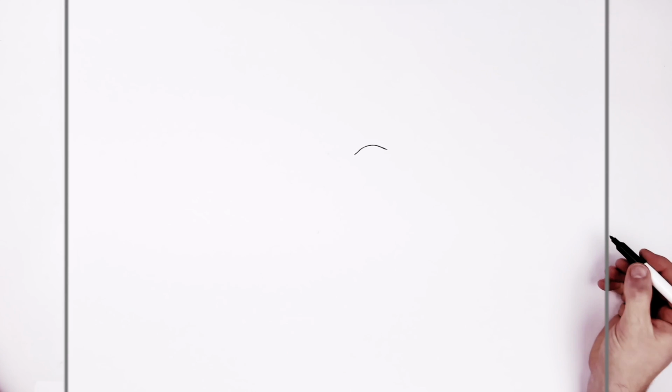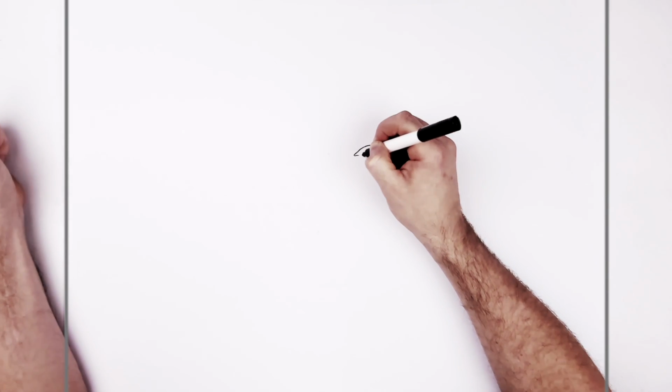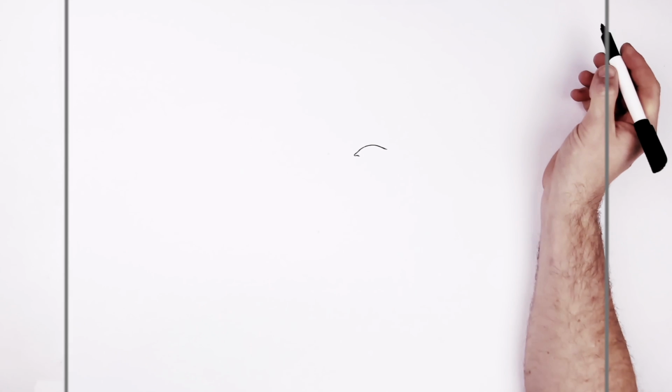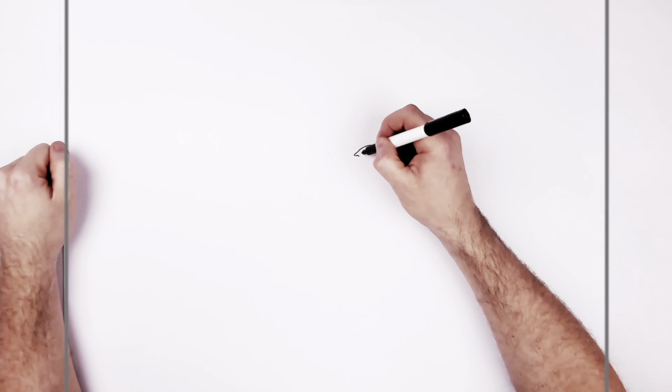Okay, curved line. And then your tear duct comes back in here, and then this goes down and up into the corner there as well.